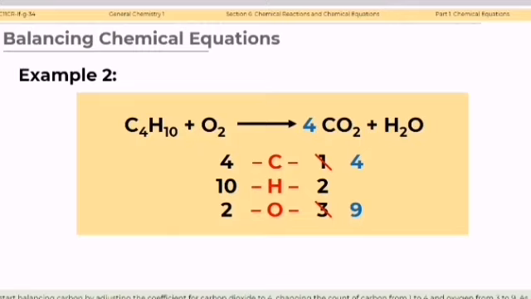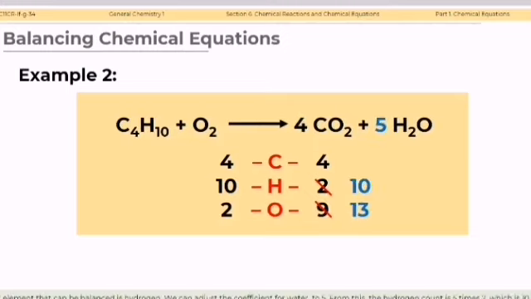We can start balancing carbon by adjusting the coefficient for carbon dioxide to 4, changing the count of carbon from 1 to 4 and oxygen from 3 to 9. As we can see, the equation is not yet balanced. The next element that can be balanced is hydrogen. We can adjust the coefficient for water to 5.